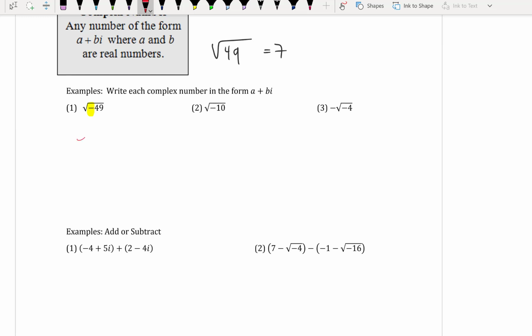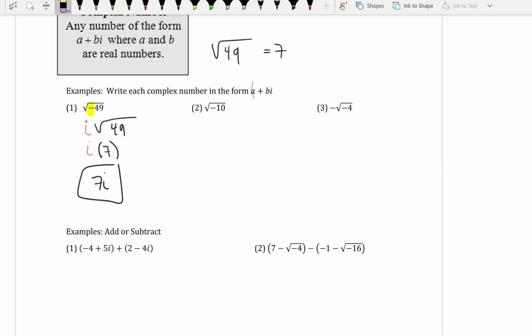Since it's negative, that negative gets pulled out of the square root as an i. So now I have i times my 7, and to rewrite it in the form, I have 7i as my answer.